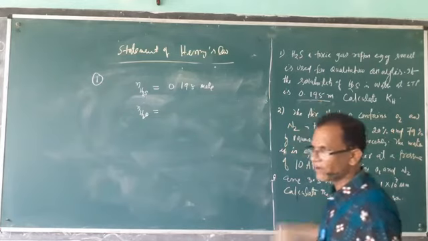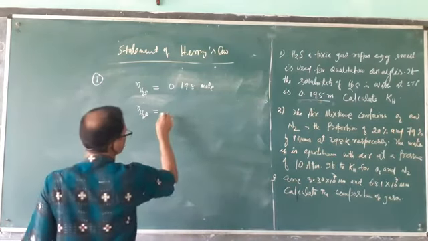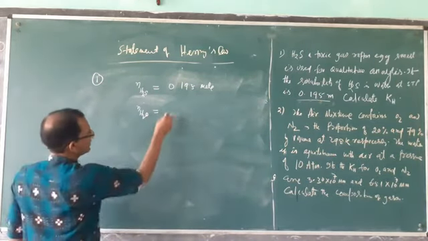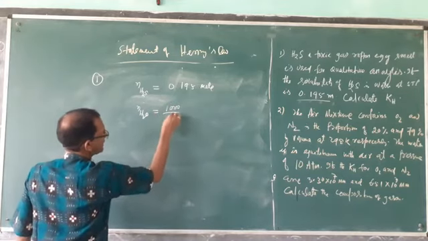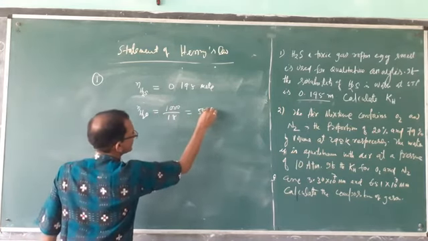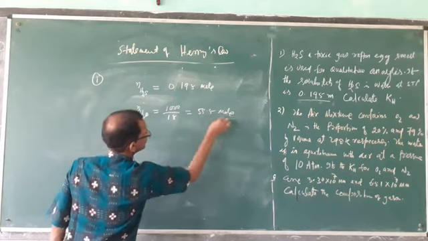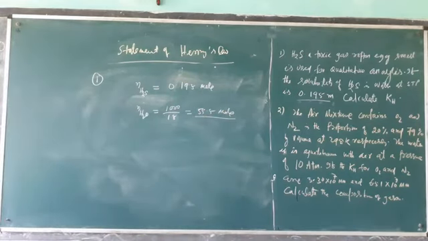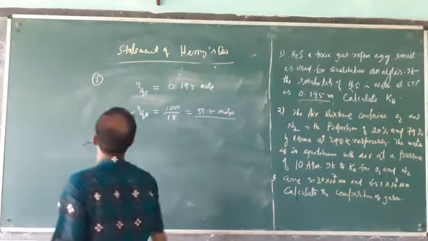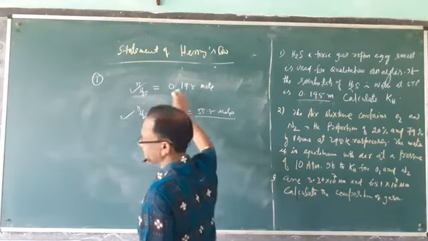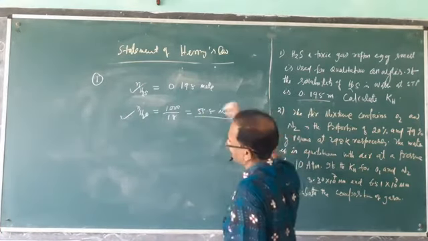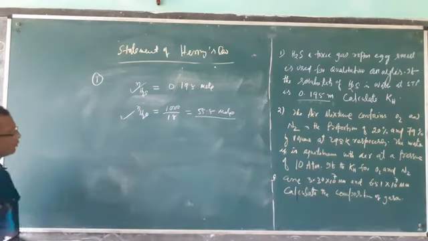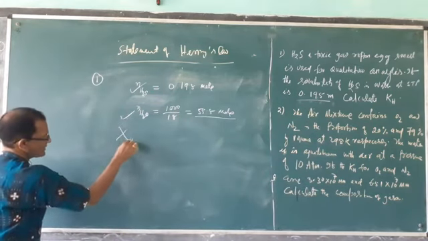Per kg means 1000 gram. 1000 gram is how many moles? Already you know, 1000 by 18, that is 55.5 mole. So the moles of water are calculated, and the moles of H2S are given in the question. Then what is the mole fraction of H2S gas?